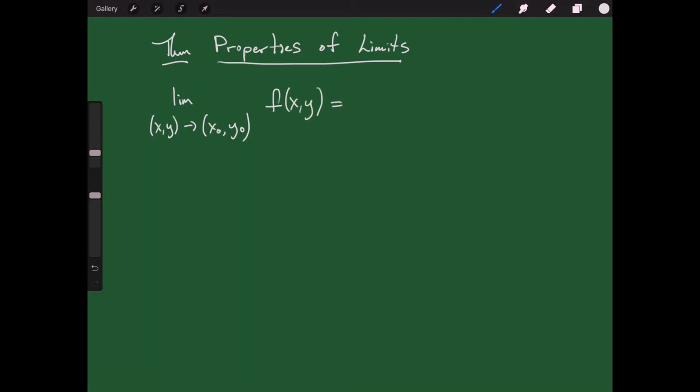Let's call this capital M, and the limit as x, y approaches x0, y0 of f of x, y. Let's call that L.